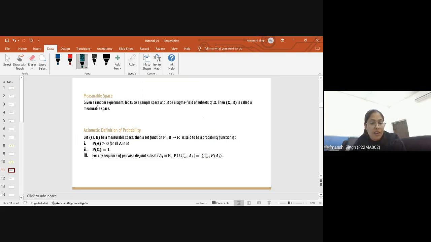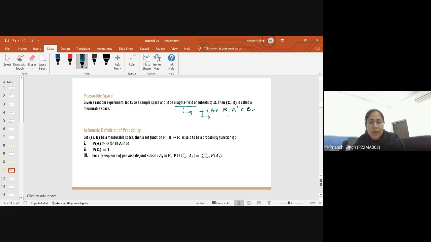If I have a random experiment and omega is a sample space, and B I'm considering to be a sigma field, then we are considering that for any A in B, A complement is also in B. So it is closed under complementation.